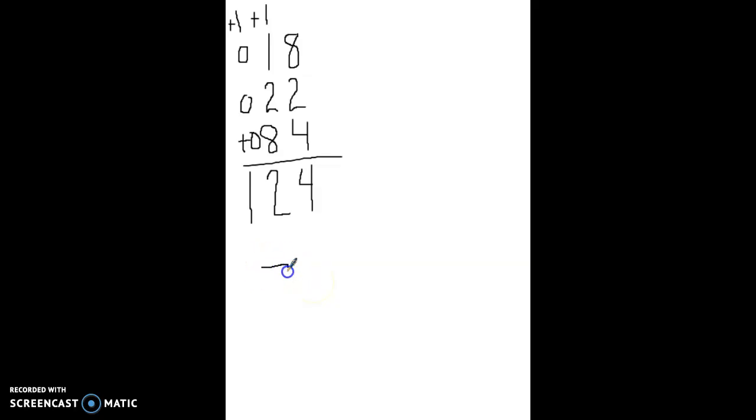And the little phrase that we've been using is that if the subtrahend is greater, borrow from the neighbor. So even though 28 is a smaller number than 76, since we're starting with the ones place, I can't take away 8 from 6.